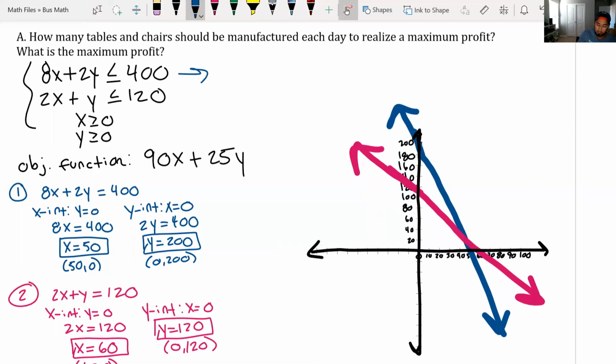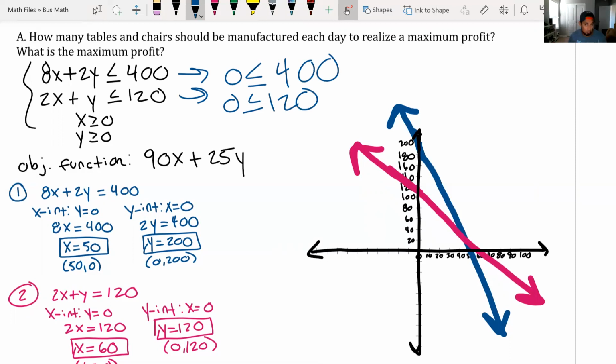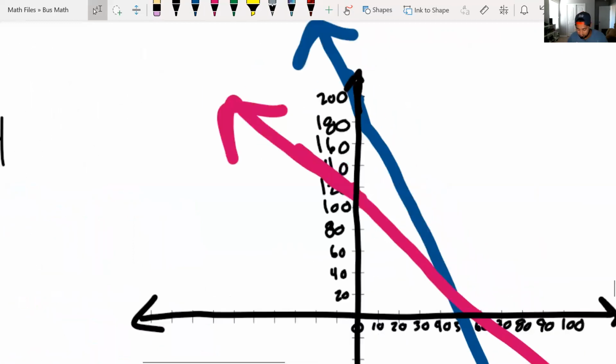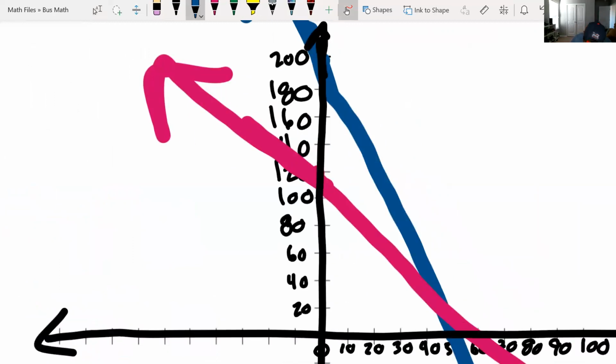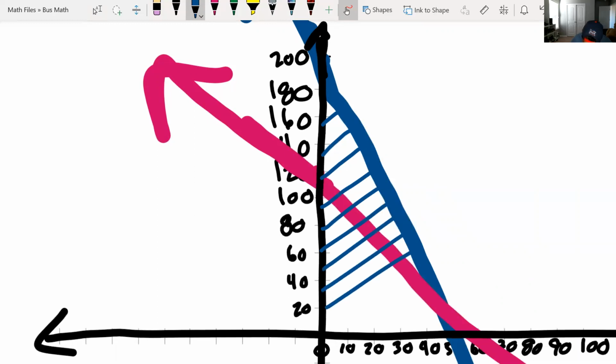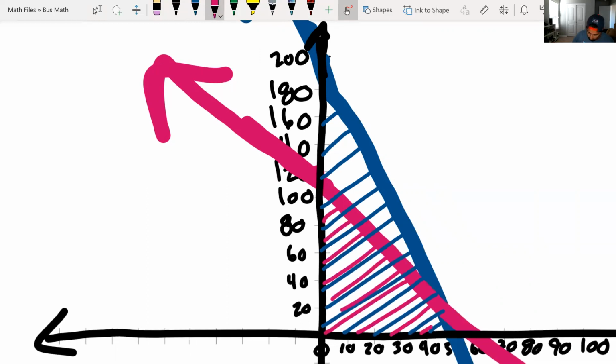You'll get 0 less than or equal to 400, and 0 less than or equal to 120, which means we'll shade down towards 0.